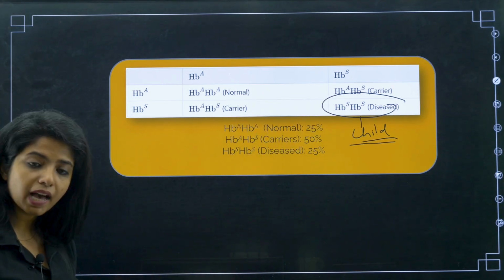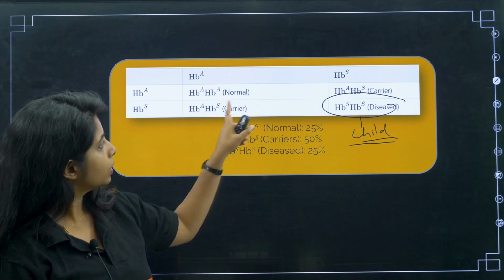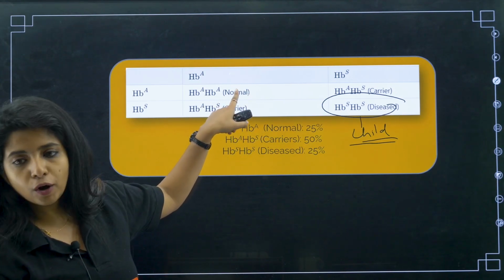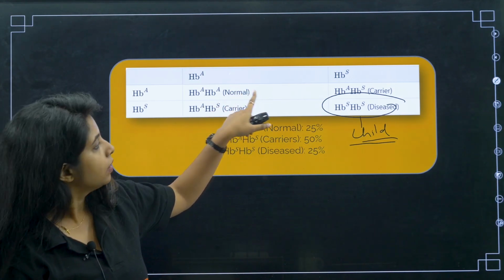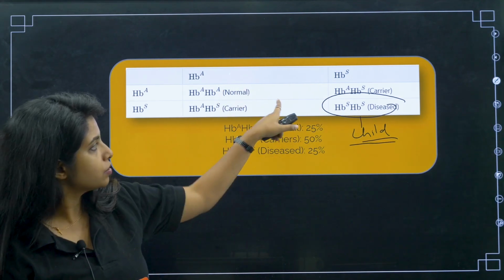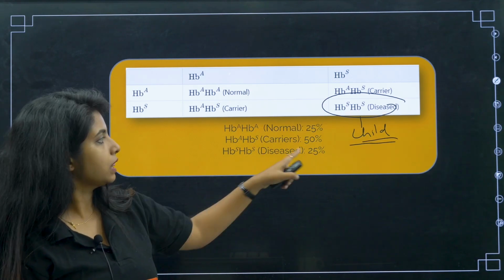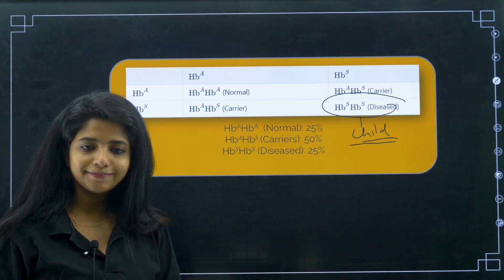They might have been a carrier or they might be normal. 25% of them are normal, that is 1 out of 4 is normal. If you talk about carriers, 2 of them, that is half of them, 50% of them were this, and the one diseased is 25% again.